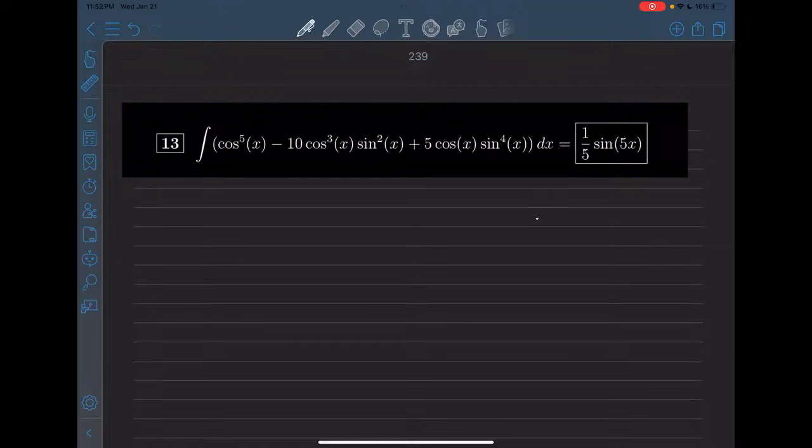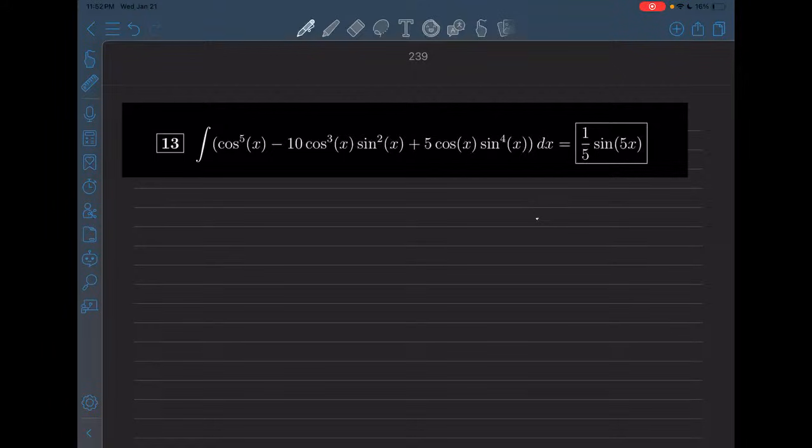Let's first analyze it, and then we'll do it. Okay, we have cos to the power 5 x, and then 10 cos cube x sine square x plus 5 cos x sine to the power 4 x.